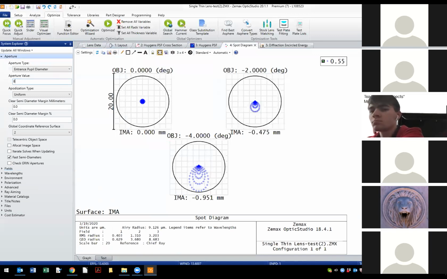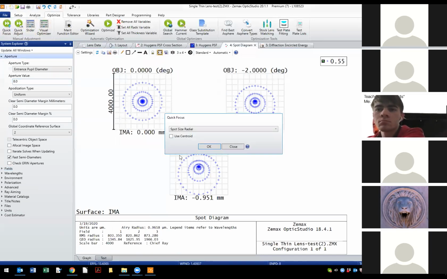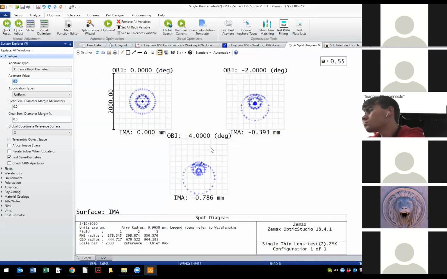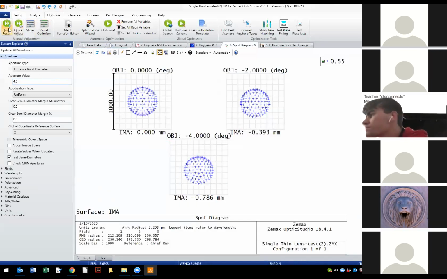Let's make aberrations matter. All right, and let's do a quick focus. All right, aberrations matter a lot here. Actually, let's go down so that aberrations are slightly less important.